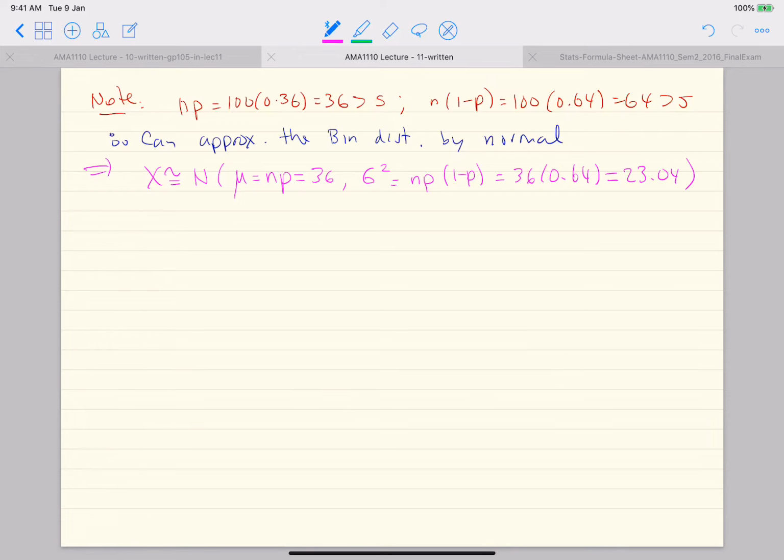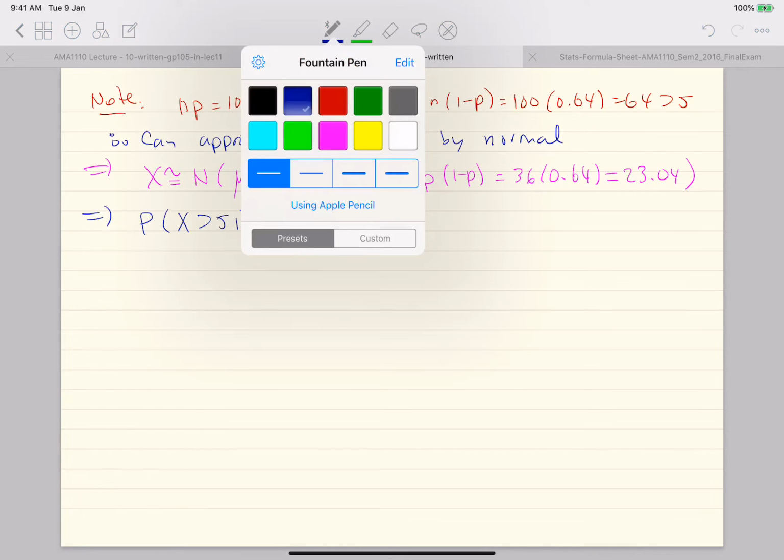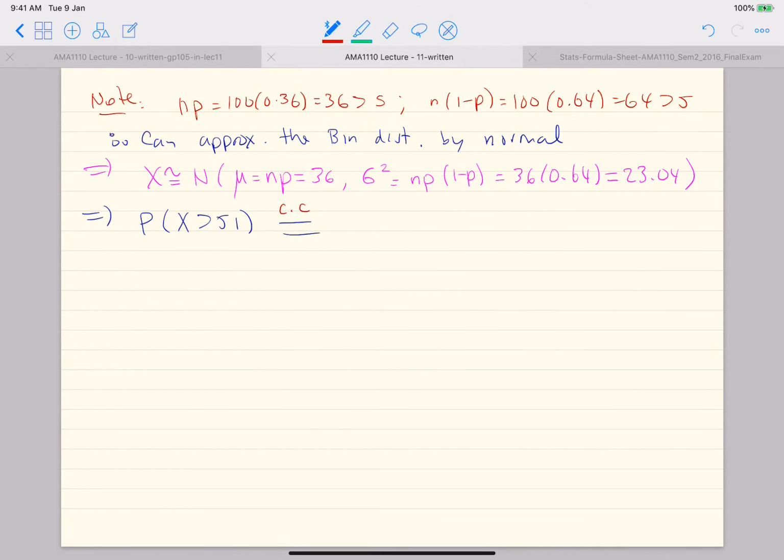Therefore, the probability that we get more than 51 heads of this unfair coin requires what's called a continuity correction, which I'll talk about in the next slide. This only happens when you approximate a discrete random variable by a continuous one. In this case, you have to add 0.5 because it's a greater than. I'll explain that again in the next slide.